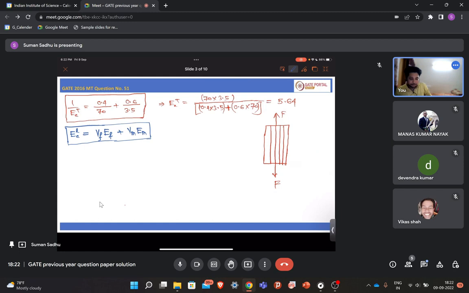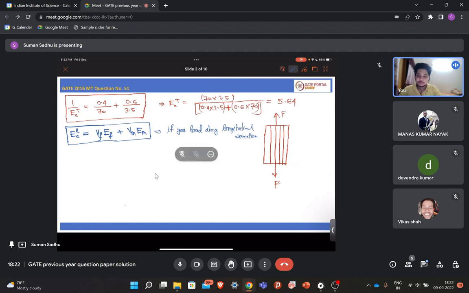This is the formula if you load in the longitudinal direction, and the previous one is for the transverse direction.